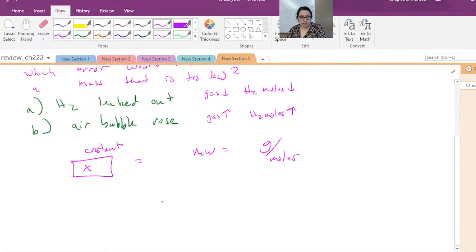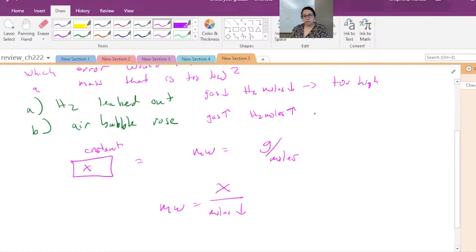So if X is constant, that's our grams is constant, sorry. So in this scenario, if the moles is decreasing, then you're dividing by less moles, so the error would actually be that it's too high. We're dividing by a smaller number, so that gets bigger, so now our mass is too high.